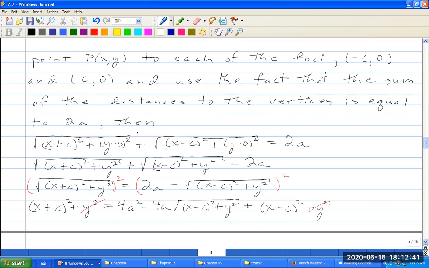The distance from (x, y) to (-c, 0) is the square root of (x plus c) squared plus (y minus 0) squared, plus the distance to the other focus, the square root of (x minus c) squared plus (y minus 0) squared, equals 2a. Y minus 0 is just y.